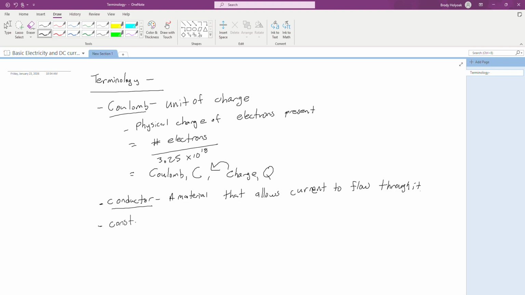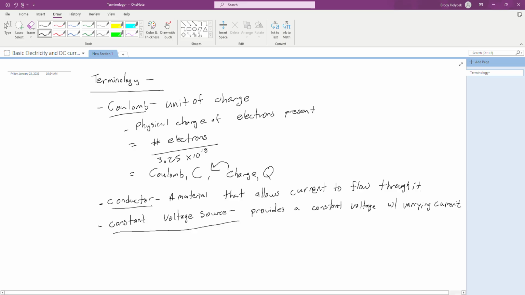Constant voltage source. A constant voltage source is what we are going to be using primarily in our day-to-day activities as far as lab goes. What this does is it provides a constant voltage with varying current.